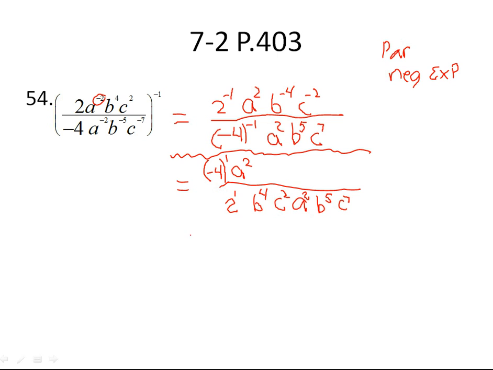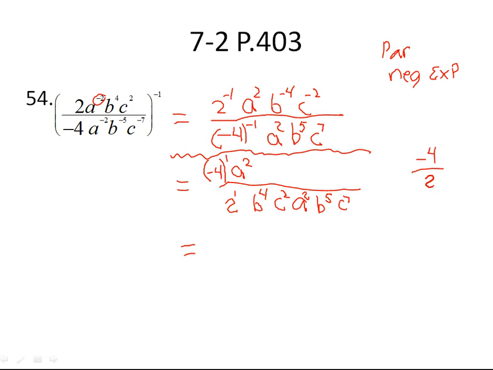Okay, so now you have gotten rid of all the negative exponents and the parentheses, and now you can start taking care of business. We have the negative 4 to the 1 power, which is just negative 4, and in the denominator we have a 2.